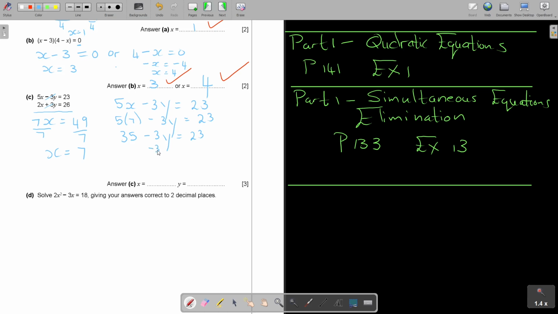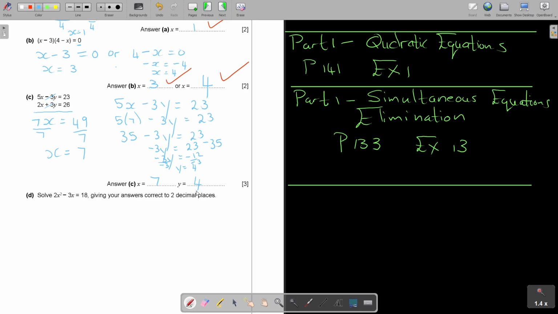So negative 3y is equal to 23 minus 35. So negative 3y is going to be equal to negative 12. I divide by negative 3. I divide by negative 3. And the value of y is equal to 4. Okay, so x is equal to 7 and y is equal to 4.